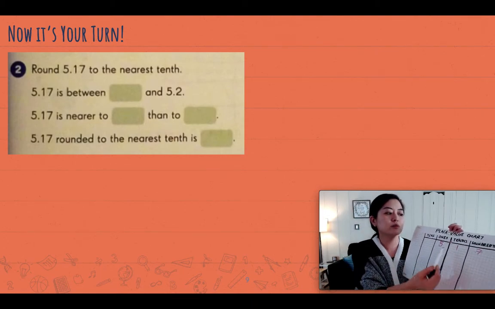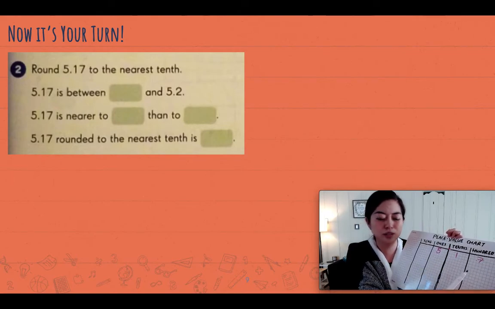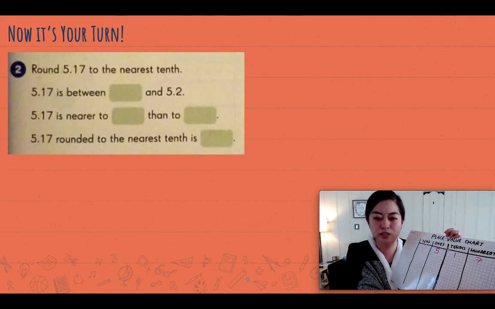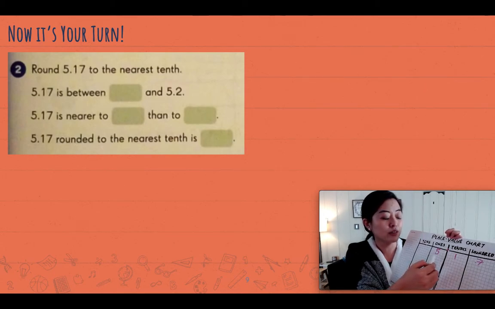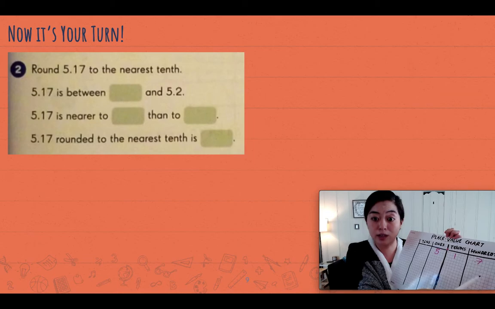Well, I know 17 hundredths is in between 10 hundredths and 20 hundredths. So that means 5 and 17 hundredths is between 5 and 10 hundredths and 5 and 20 hundredths.